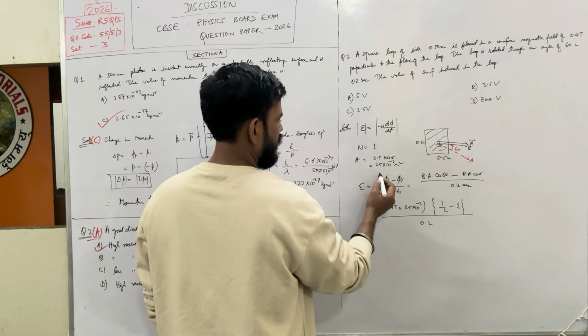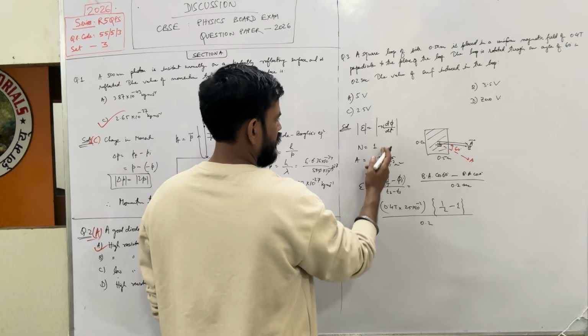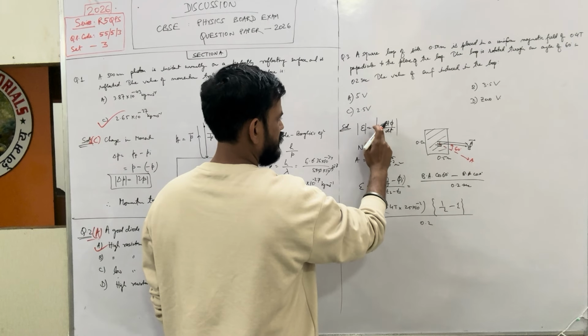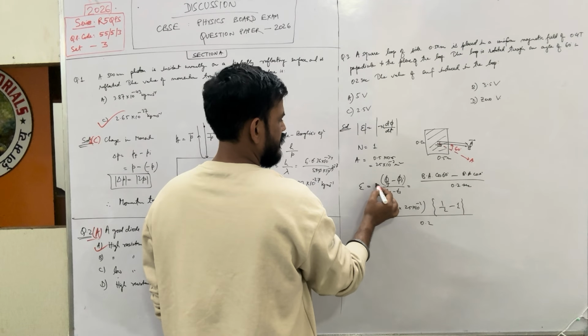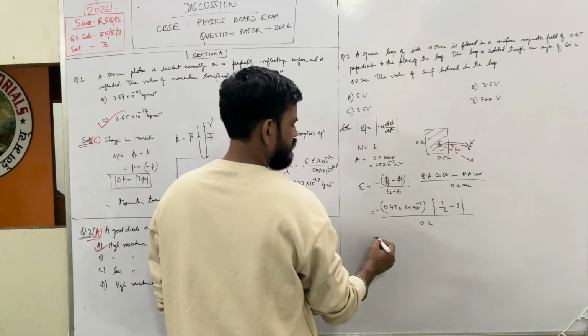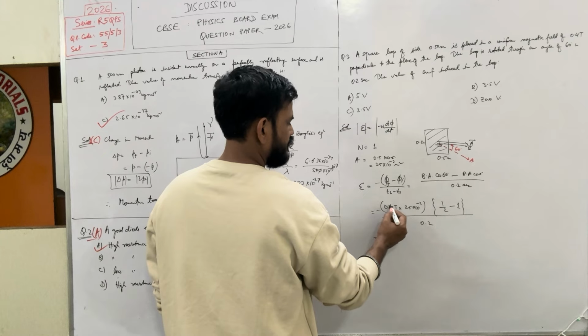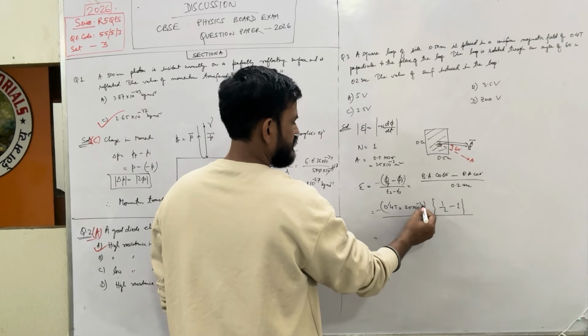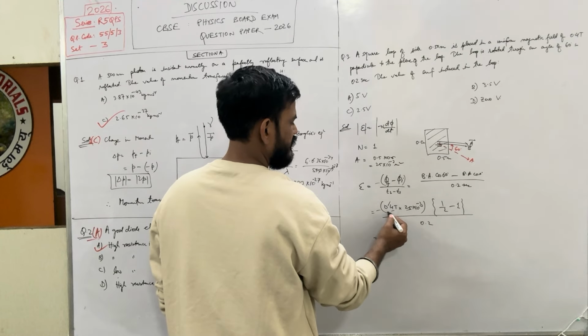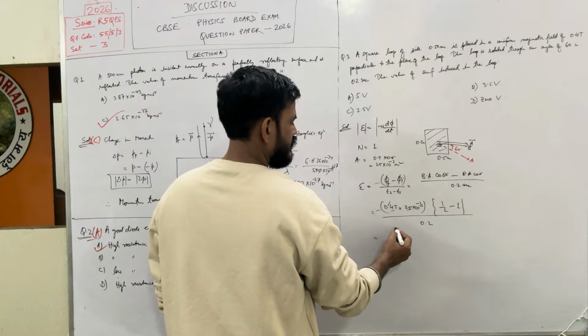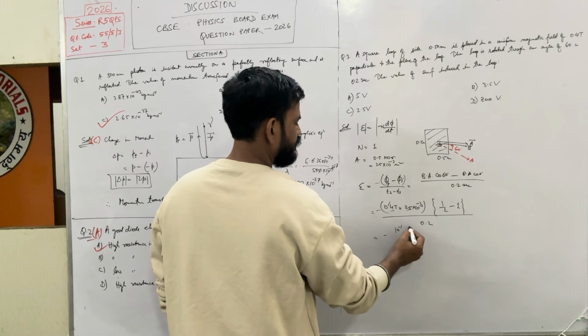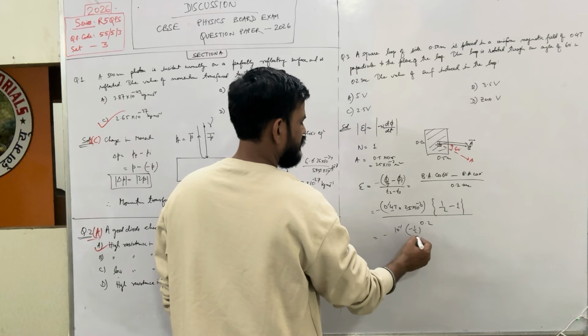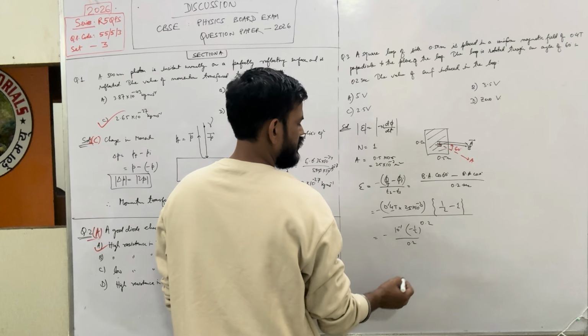So the induced EMF will be the negative of this. If you remove this it becomes 10 power minus 3, so 25 into 400, so 10 to the power minus 1, into minus half, divided by 0.2.